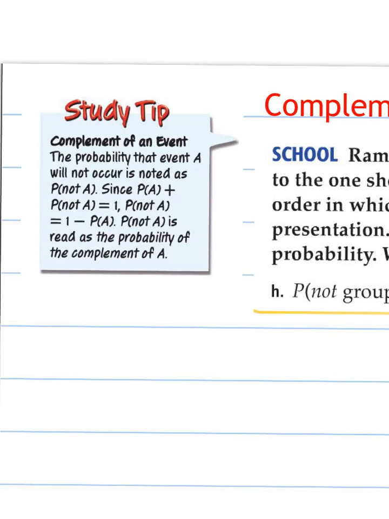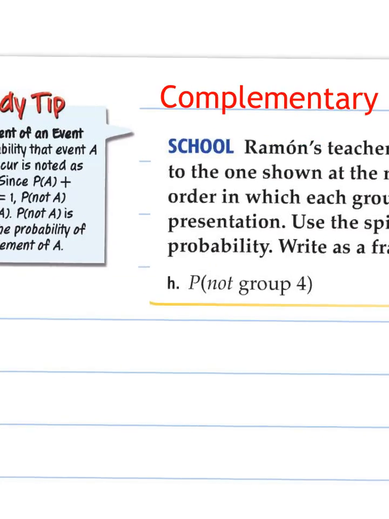Since probability of A plus probability of not A equals 1, the probability of not A equals 1 minus the probability of A. Okay, so the probability of not A is read as the probability of the complement of A. So that was a lot of information. Let's see what that means.